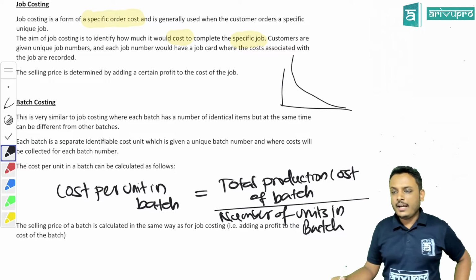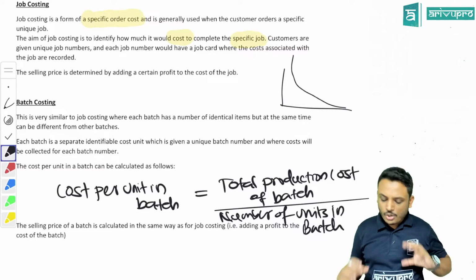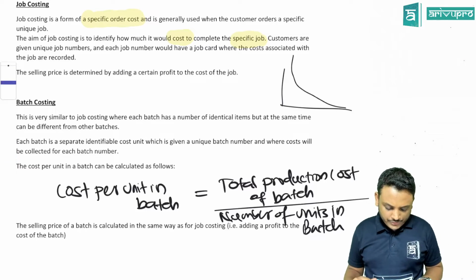How many units there are in the batch. This is how we calculate unit cost.